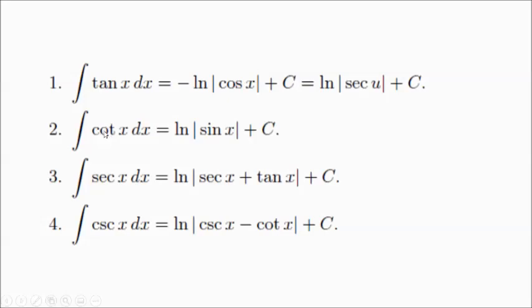So gagawin mo siyang cosine over sine to get this. Anyway, kahit hindi mo alam yon, you can use the formula. So ito yung mga formula class. So integral ng secant x dx is this one. Ln din siya. Cosecant x dx is this one. Okay?